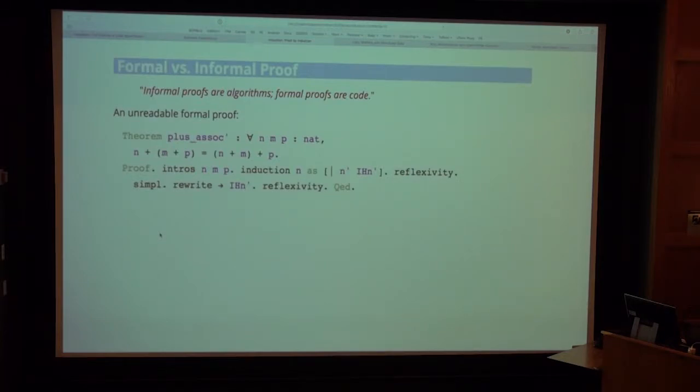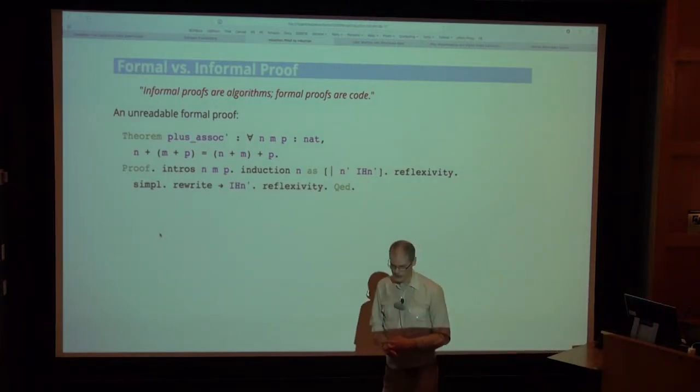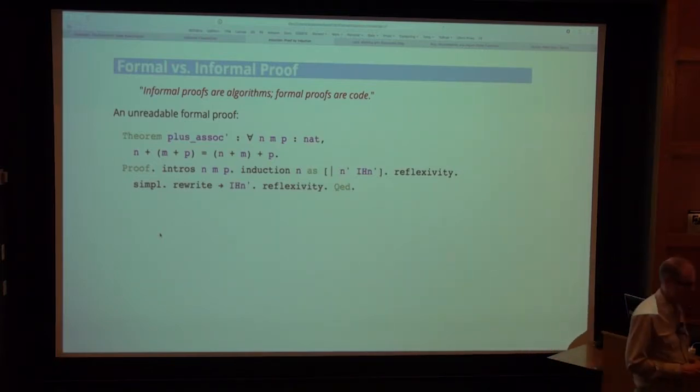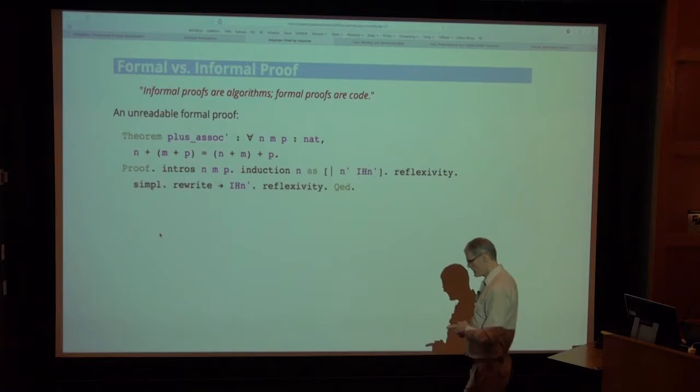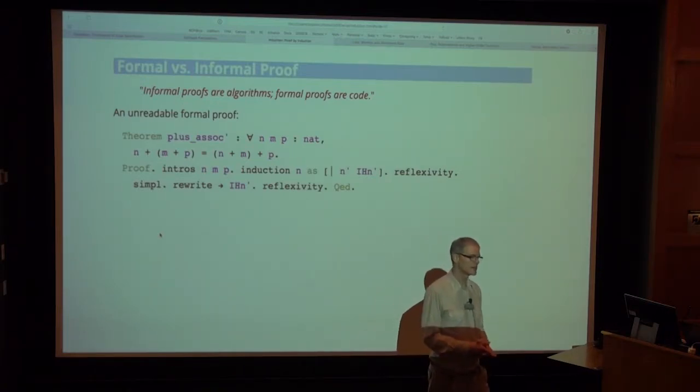Okay. A little discussion about formal proof versus informal proof. Informal proof is what we do on paper and what mathematicians do in textbooks and what computer scientists do in the papers that they write. Its purpose is similar to the purpose of a formal proof, but not exactly the same.